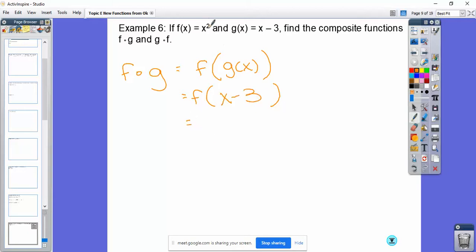We have to go to F and plug that in. So it's X minus 3 squared. How do you square a parenthesis like that? FOIL. It means there's 2 of them. So if you were to write it twice and FOIL it out, you get X squared minus 6X plus 9.